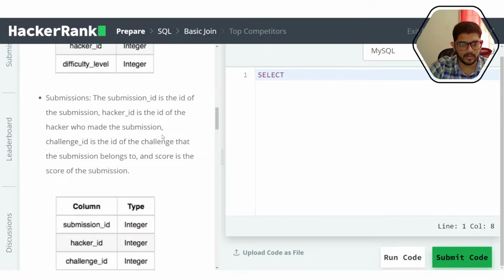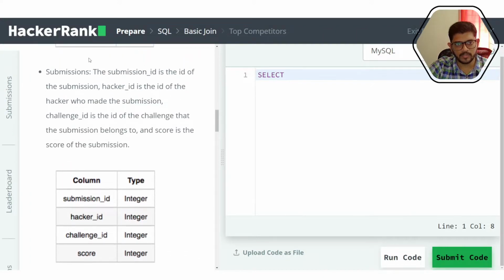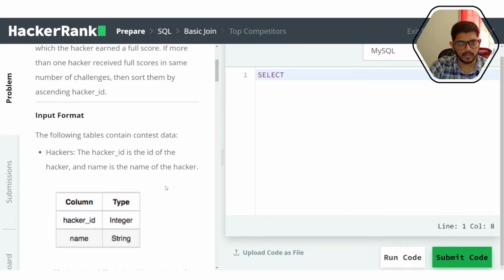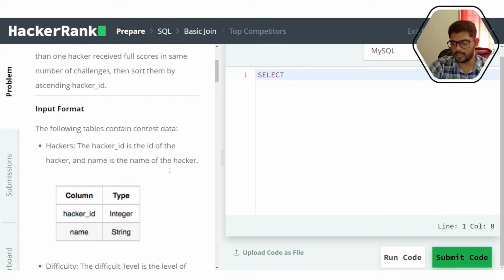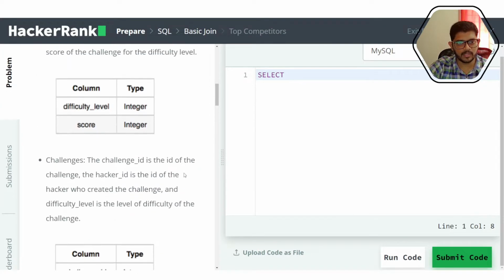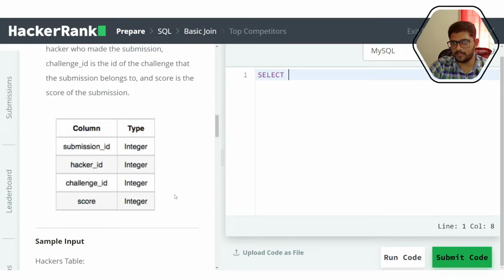Okay, in a while. So we have submission ID, that is the primary ID of the submissions table, and we have hacker ID. This is a foreign key which is referencing the hackers table, and we have challenge ID, that is another foreign key referencing the challenges table. And why don't we have difficulty level here?